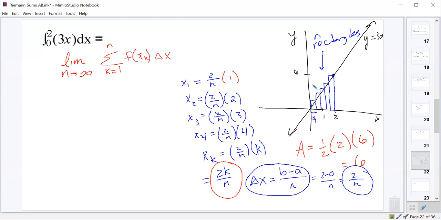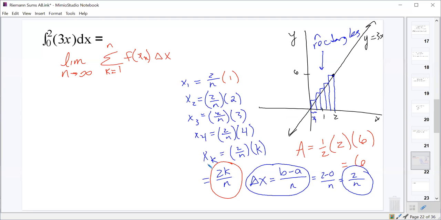Like x sub k, since it covers the distance from the origin as a whole so far. Yes, x sub 1 is the distance from the origin to the first rectangle. x sub 2 is the distance from the origin to the second rectangle. Because remember, an x value is always a distance from the origin to the right or to the left, right?